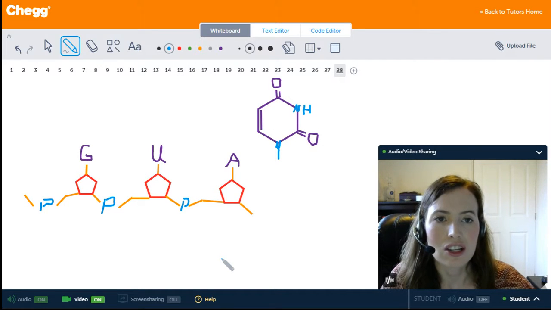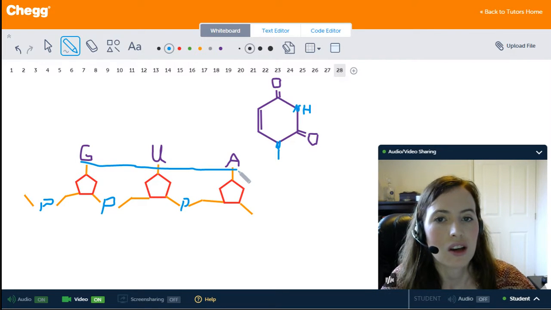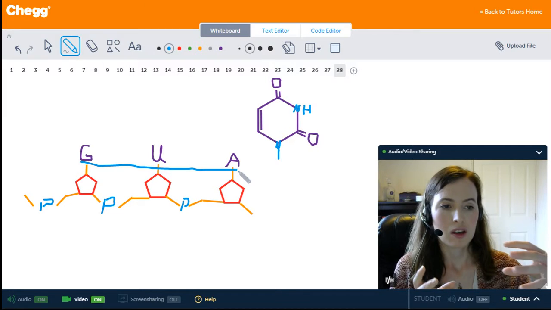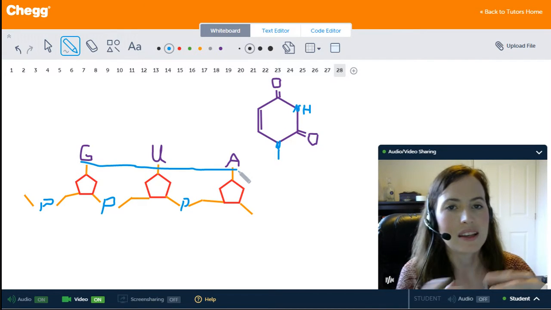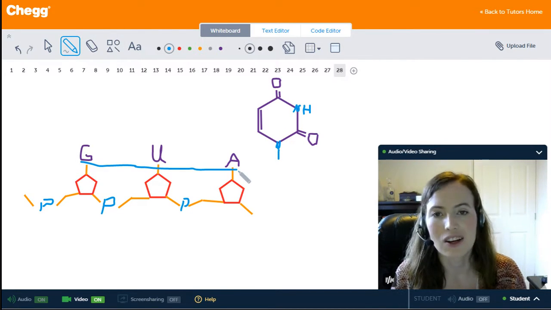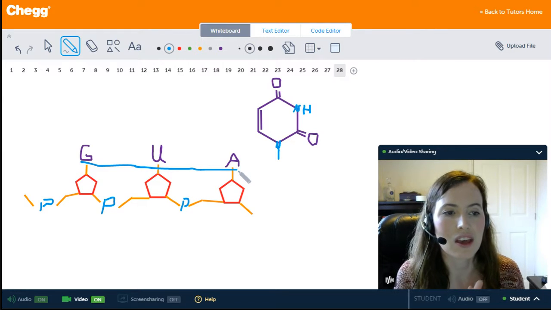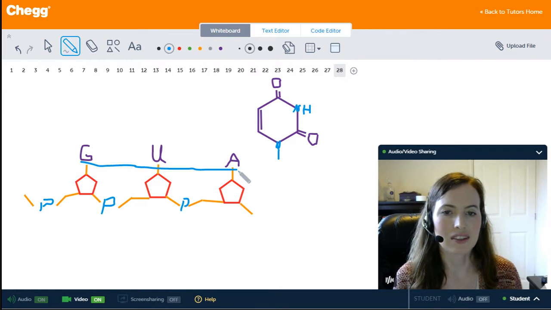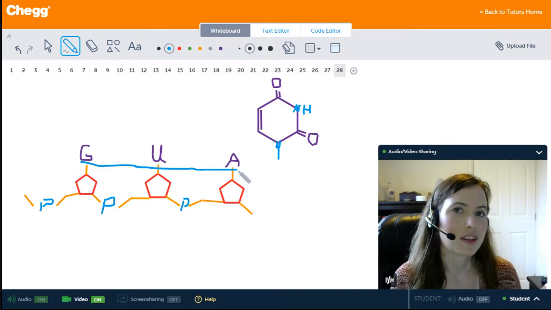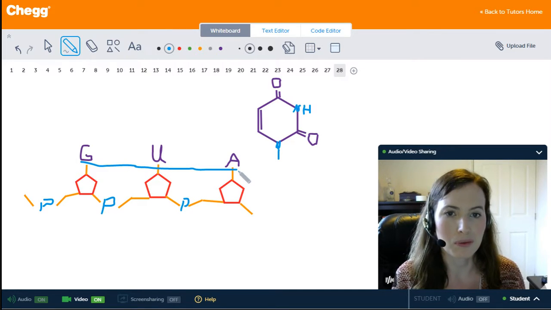And the translation is based on the 3 codon pair, and that determines what kind of proteins are going to be created depending on the order of the nitrogen bases that you have in your RNA. And that's what's being determined for the proteins.